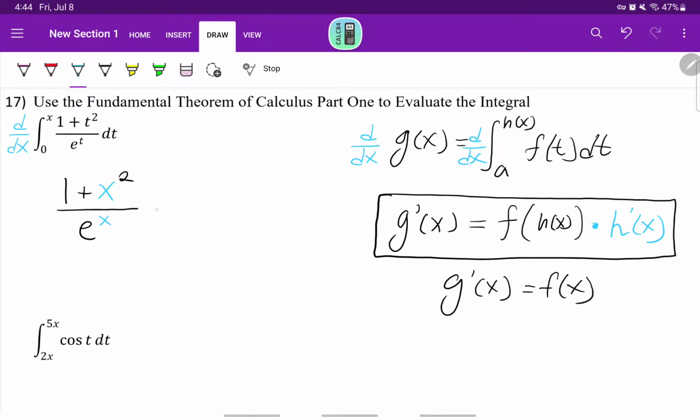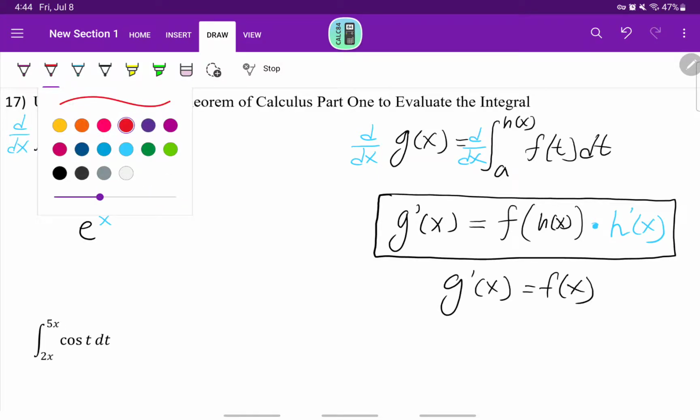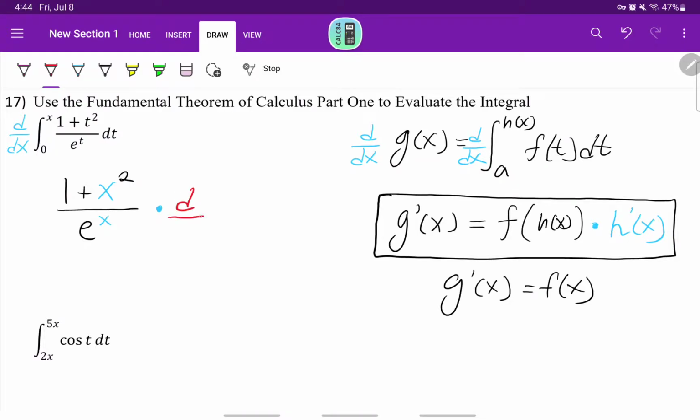Then I must multiply by the derivative. Let's put that in red. Multiply that by the derivative of this term here, which is x. The derivative of x is just 1.